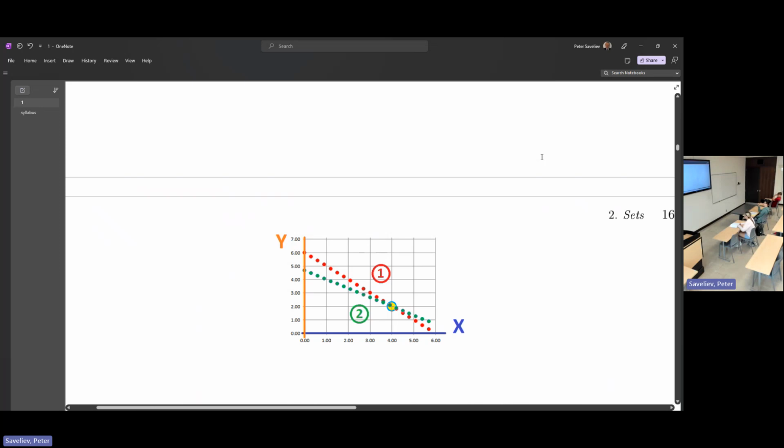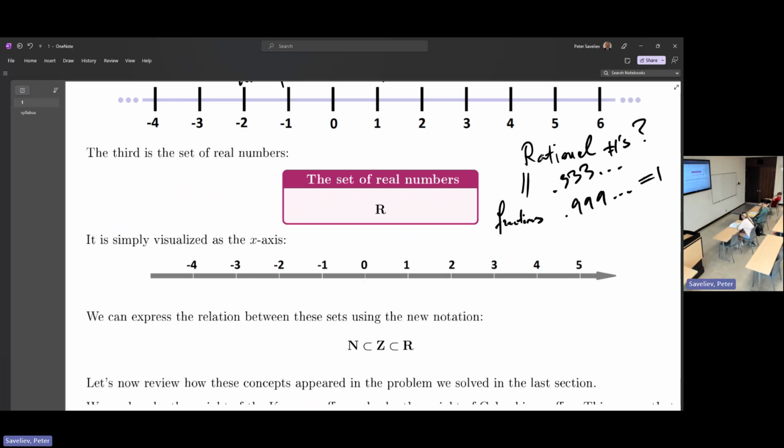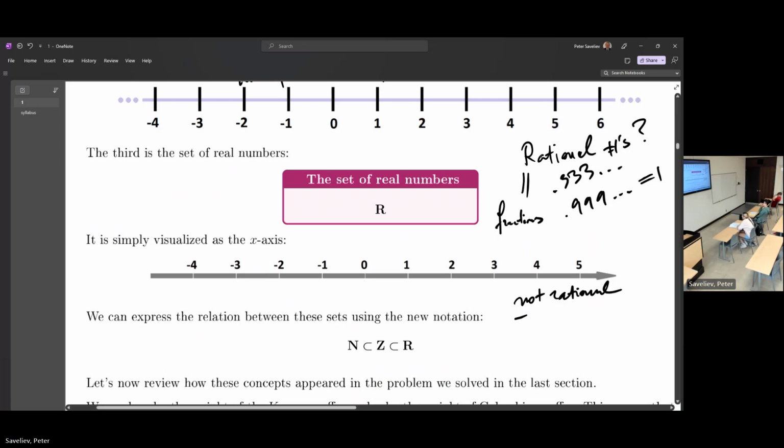If you're familiar with the history, it's because there are irrational numbers that are nonetheless real. So not rational, irrational.